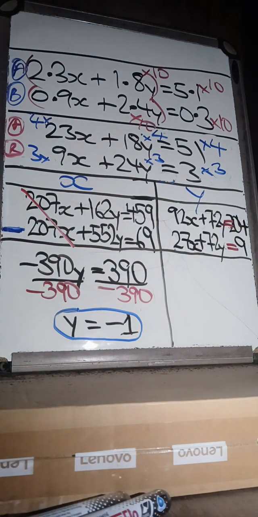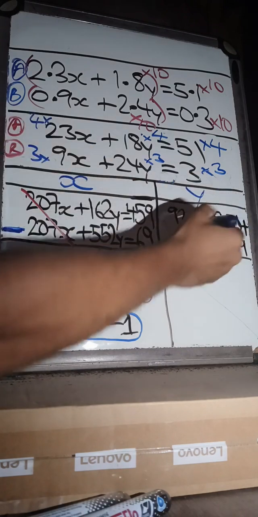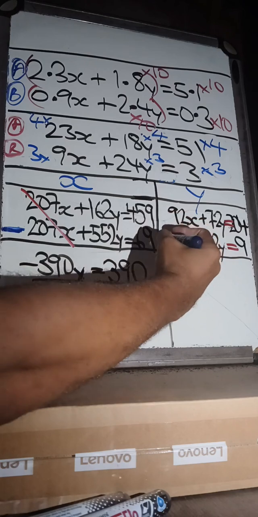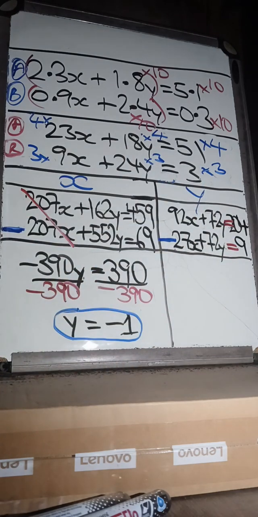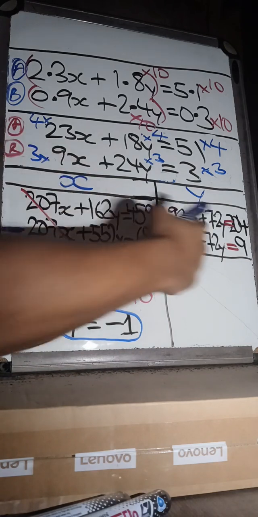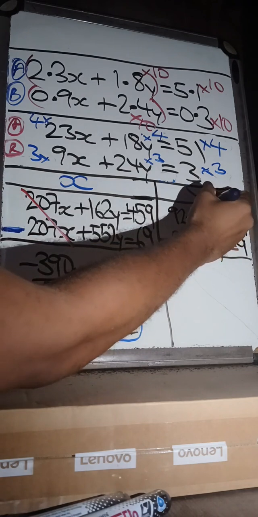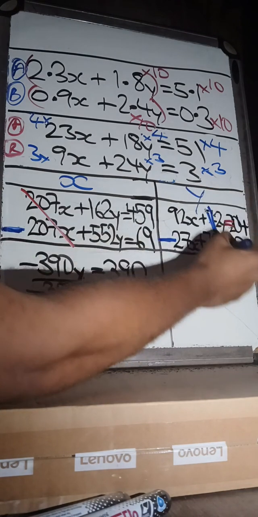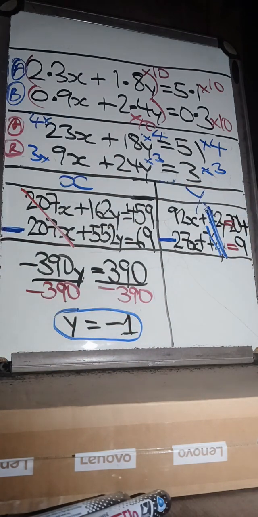So again, the signs that are in front of the 72, both of them are the same. So you're going to have to subtract line 1 from line 2, right? So 207 minus 207 is 0. 72 minus 72 is 0.